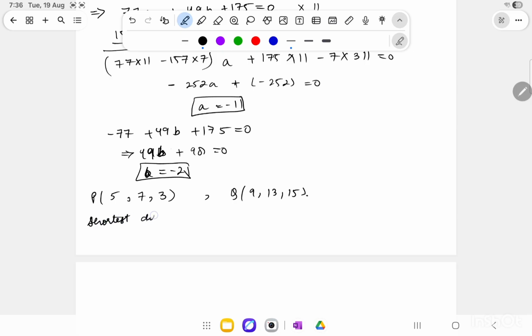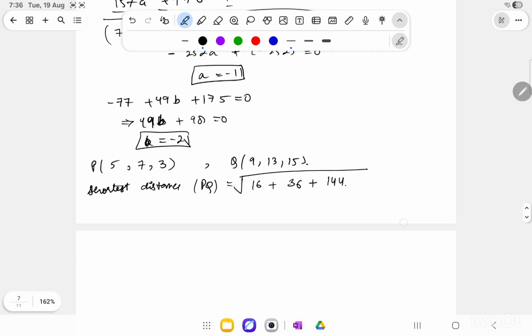My shortest distance is PQ, which is basically, using the distance formula, 9 minus 5, 4, 16, plus 13 minus 7, 6, 6 square 36, plus 15 minus 3, 12, and 12 square is 144. This equals 196, under root 196, which is equal to 14.